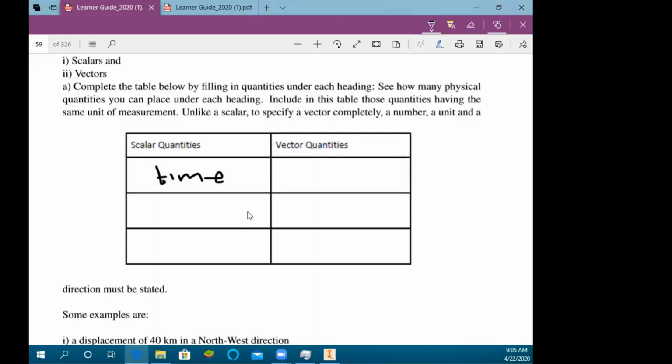Okay, and 27722. Example of a vector. Yeah, velocity. Velocity, okay. Tarin Monyela. Temperature. Okay.